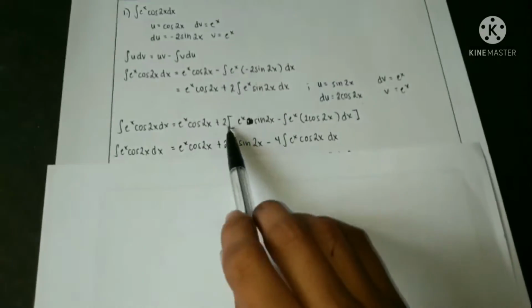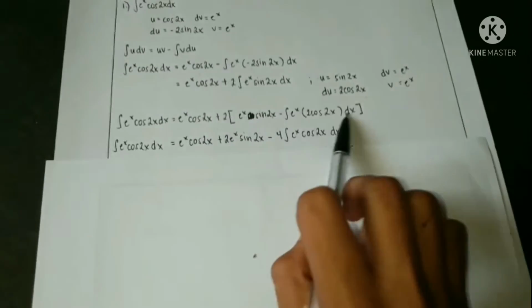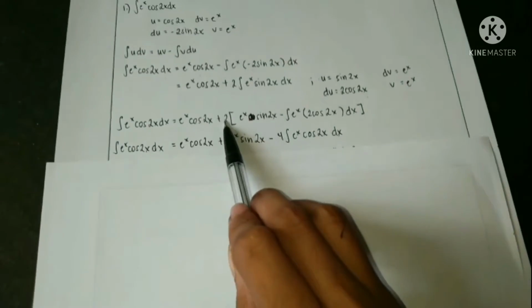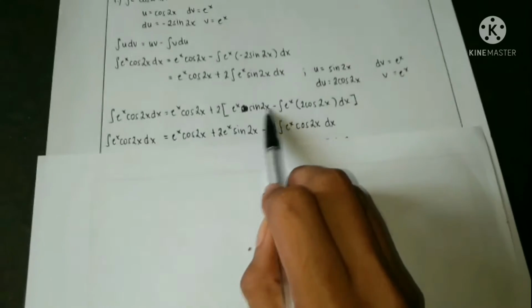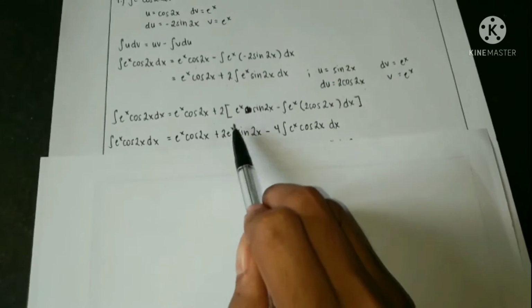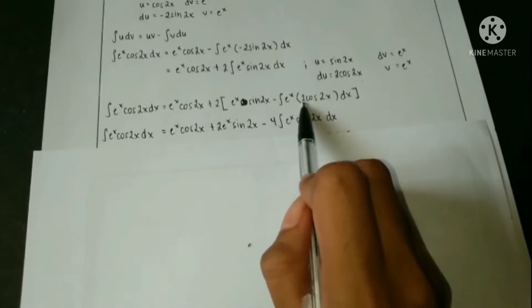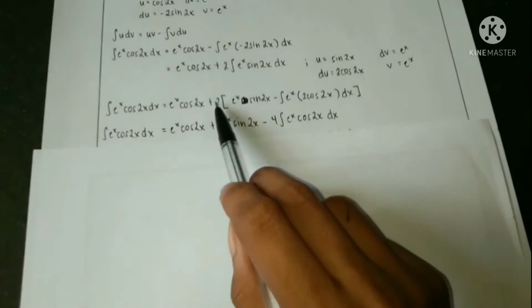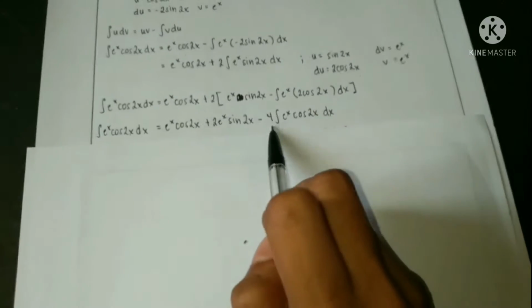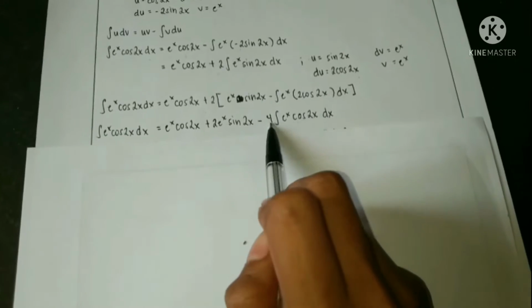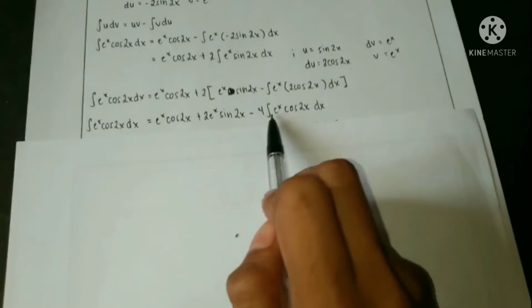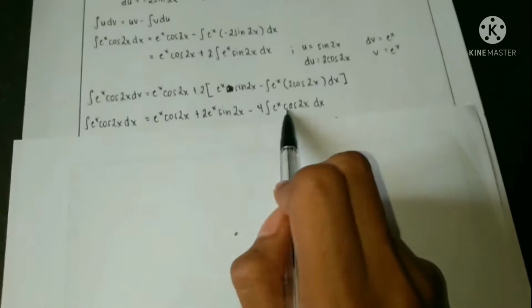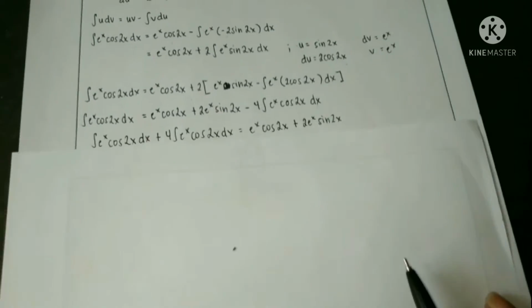So next, let's multiply the 2 inside this. So 2 times e raised to x sine 2x is equal to 2 e raised to x sine 2x minus, since this is a constant, we multiply there, 2 times 2 is 4, and it stays outside of the integral because it is a constant. So, the integral of e raised to x cosine 2x dx.